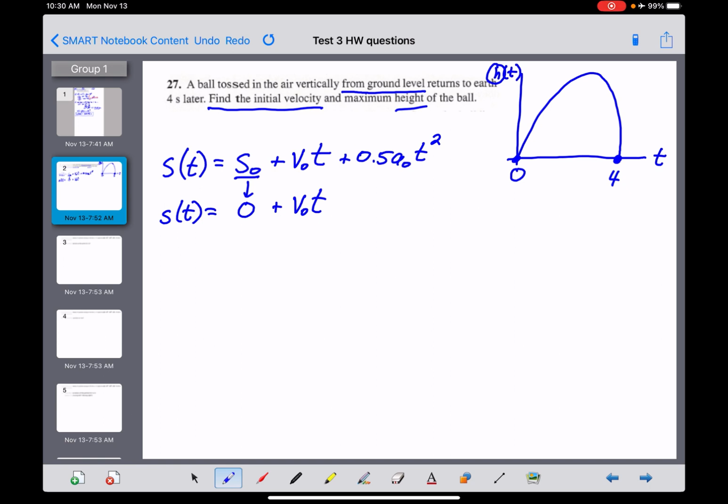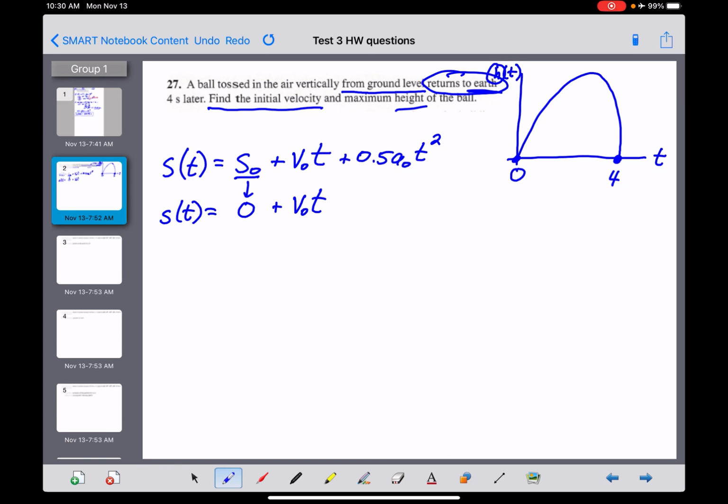And now something important happens next, guys. The object, if you read carefully, returns to Earth. Okay, that's important. They are telling us that we are on Earth here for this problem, and that means that we know what the acceleration due to gravity is in this setting. Now, you'll notice, I read the problem twice, they did not ask specifically about meters or feet or anything like that, so you can use whatever units you prefer.